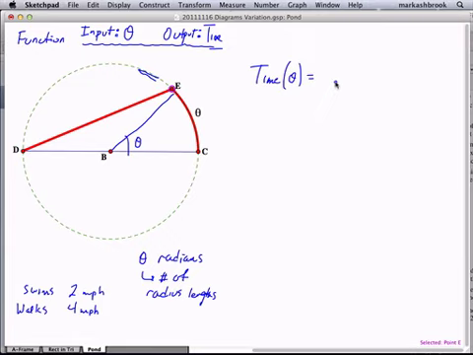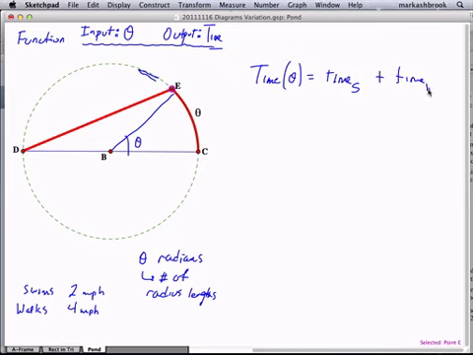What about from D to E? Distance over the rate, the time it takes to travel, swimming, plus?